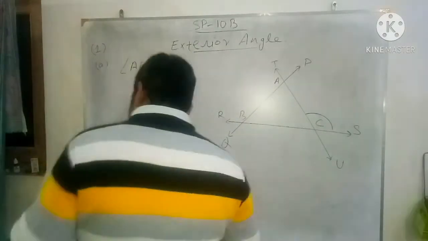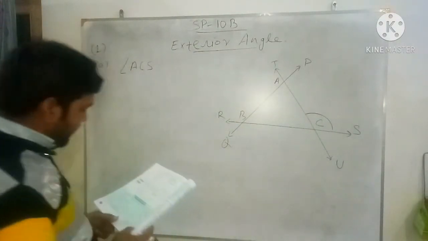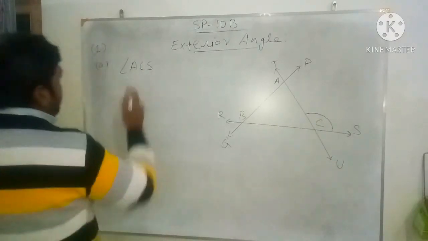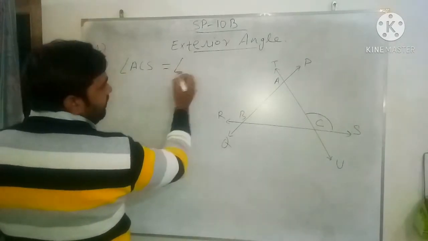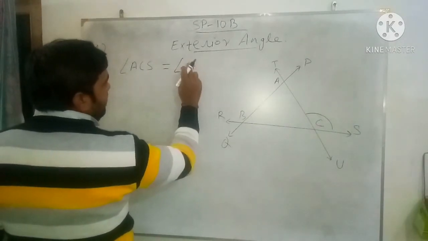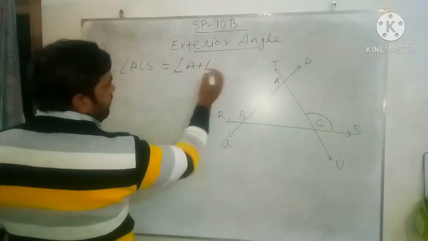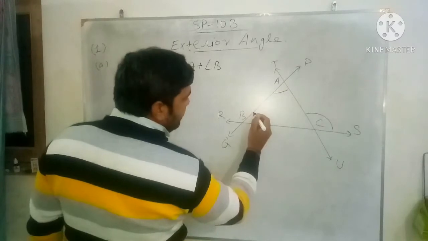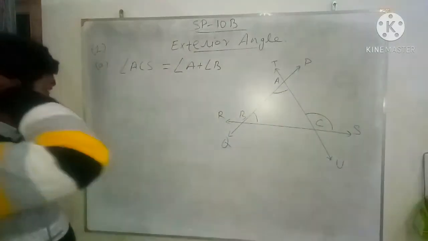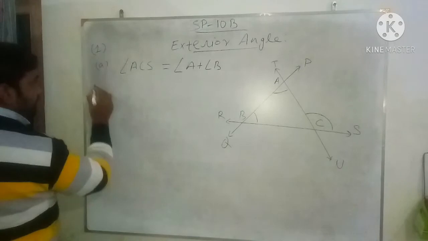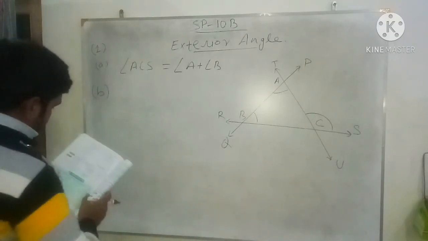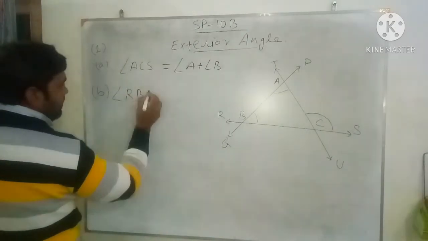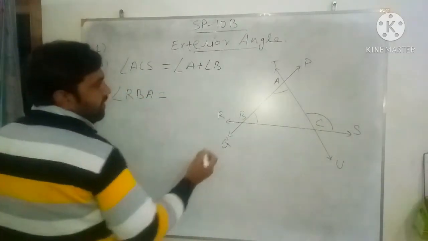So this exterior angle is equal to the sum of its interior opposite angles, which are angle A and B. So you write angle ACS is equal to the sum of angle A plus angle B. Now B: exterior angle RBA.